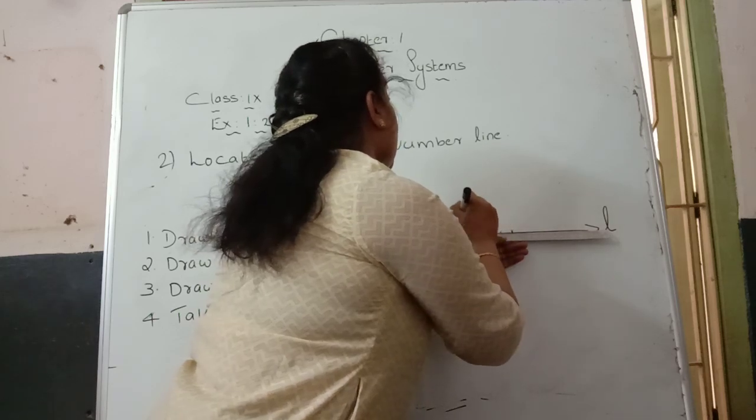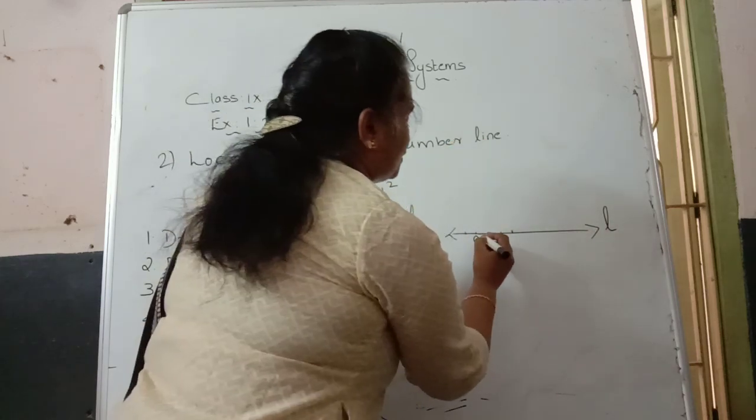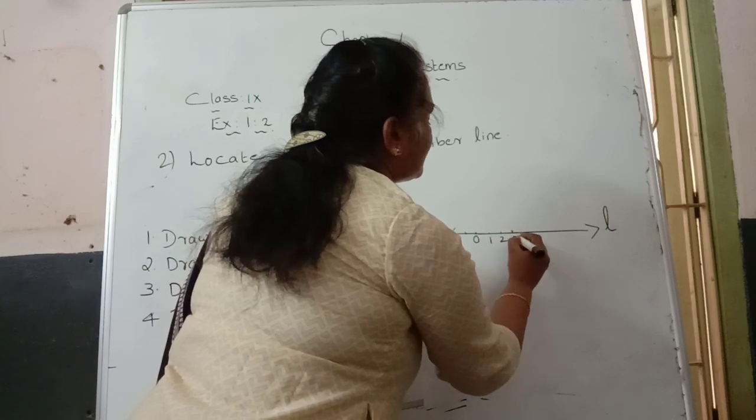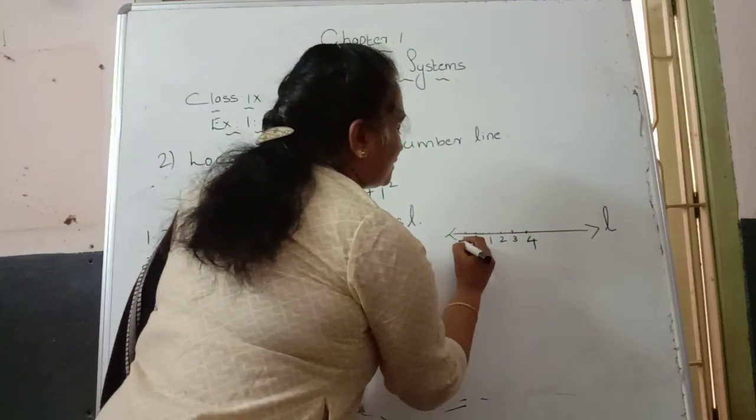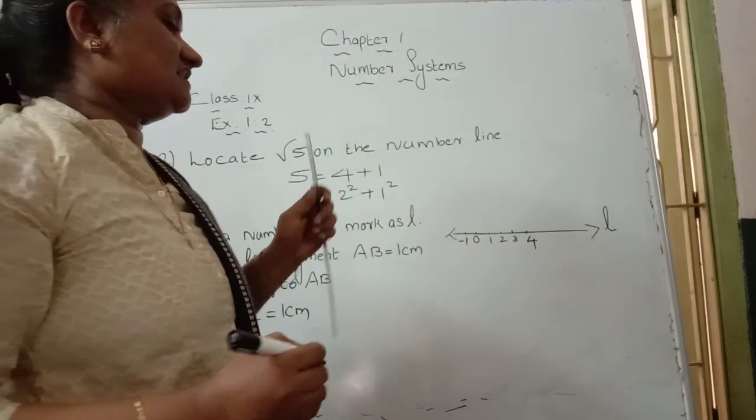On the left side also, here 0 is there, then 1, 2, 3, and 4. The left side part represents negative numbers, such as -1.